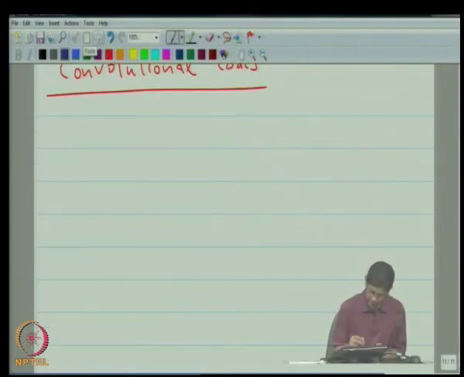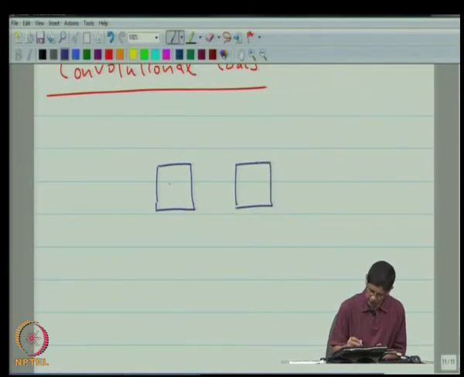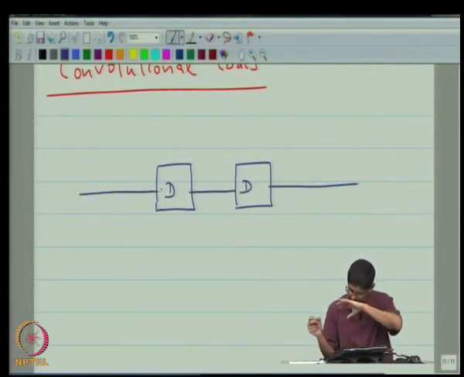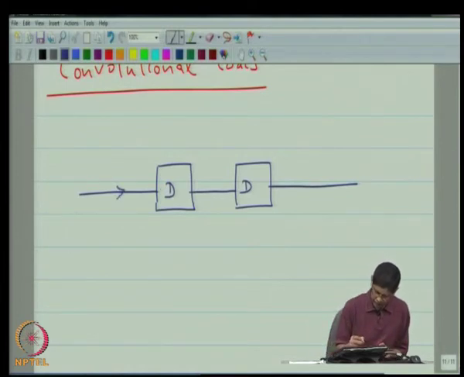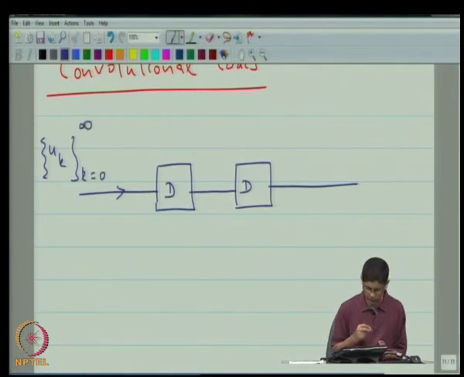The encoder looks something like this. So you have 2 registers like this, and what you have at the input is a stream of binary symbols, k going from 0 to infinity.